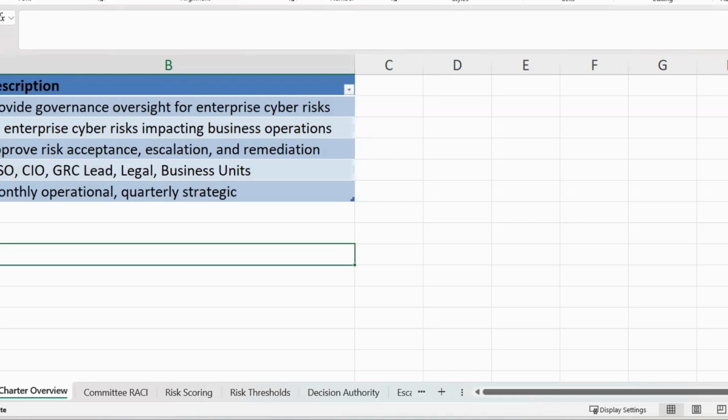So the Cyber Risk Committee provides governance oversight for enterprise cyber risk, ensuring alignment with business objectives and defined risk appetite in the organization.